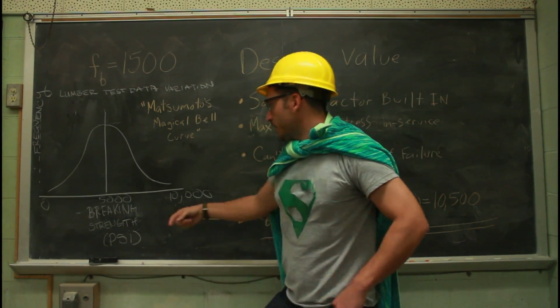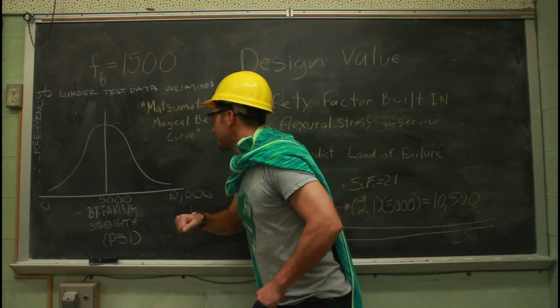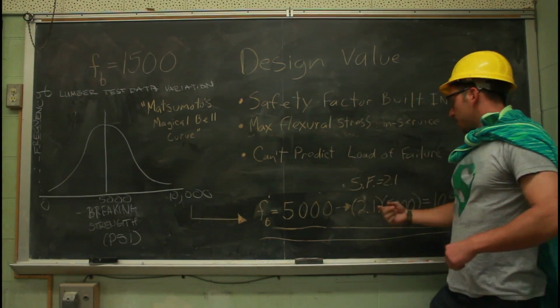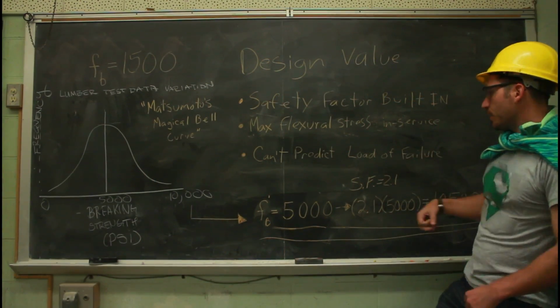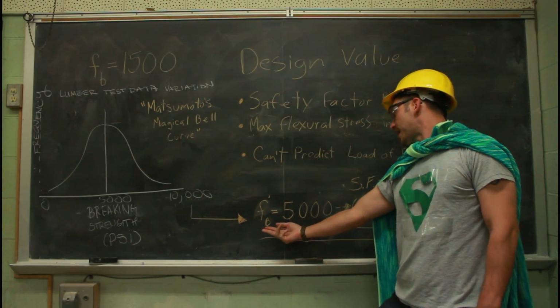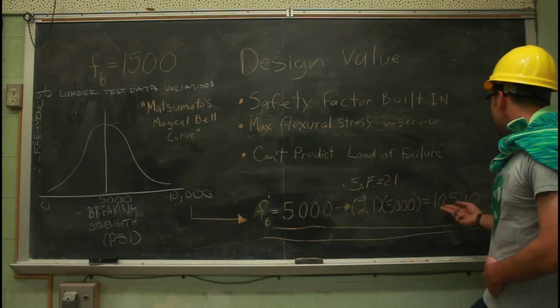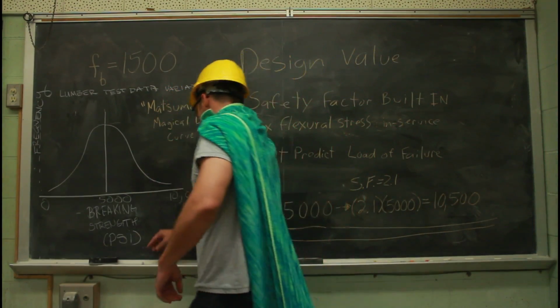See, we have a breaking strength of 5,000 psi, design value, and lo and behold, a safety factor of 2.1. What that gives us is F_b equals 5,000 times 2.1, 10,500. This is what you should have used, not this.